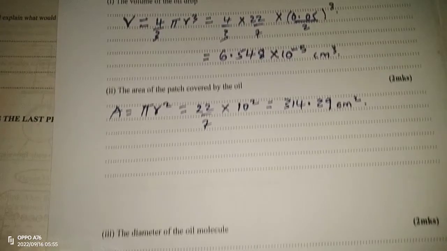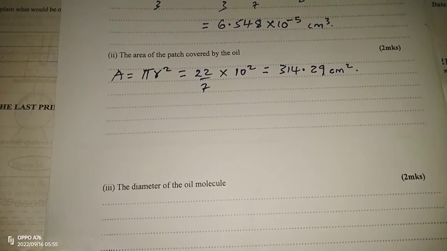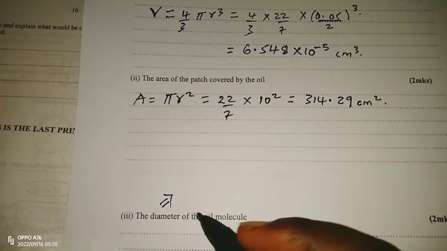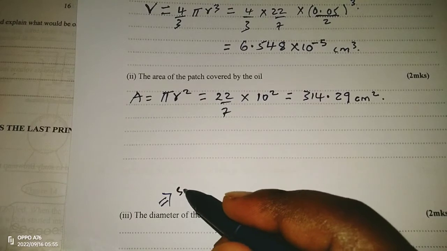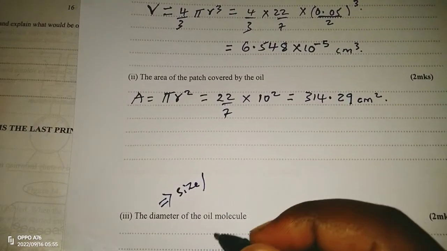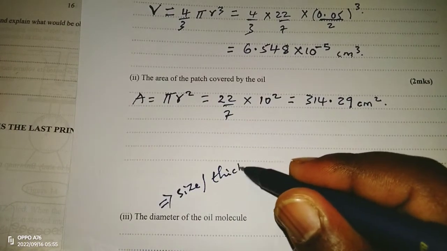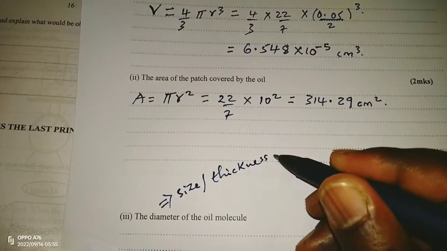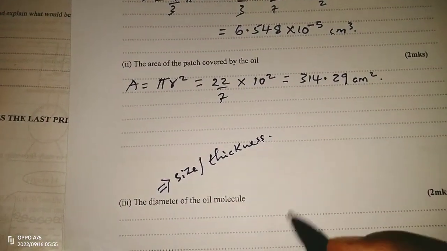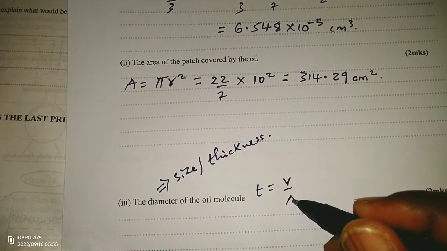Then finally, we are told in the same question to determine the diameter of the oil molecule. Instead of diameter, you could be told to determine the size of the oil molecule, or simply the thickness of the oil molecule. The thickness is given by volume divided by area.